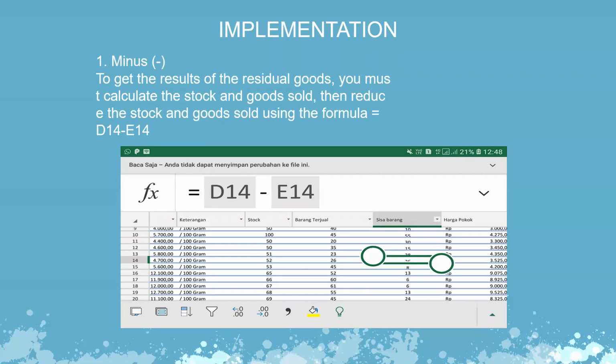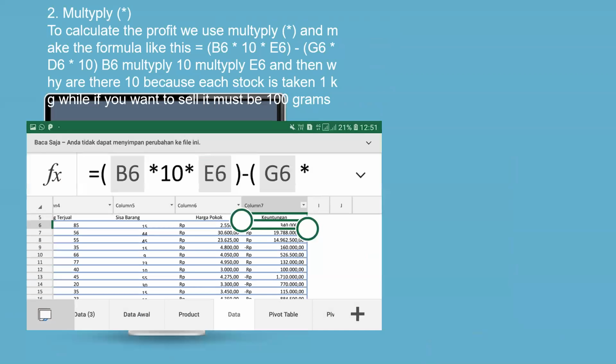On the next slide, there is implementation number one, minus. To get the result of the residual goods, you must calculate the stock and goods sold. Then reduce the stock and goods sold using the formula D14 minus E14. Next slide.